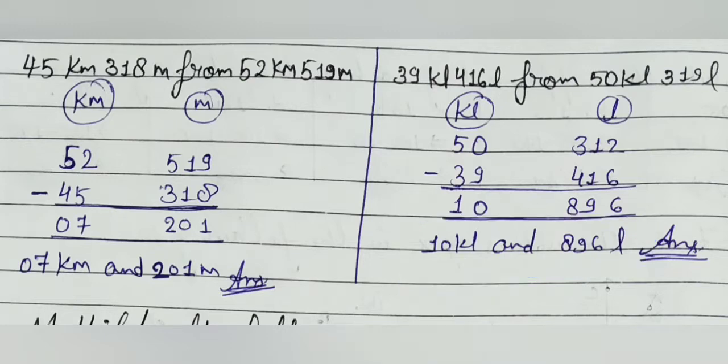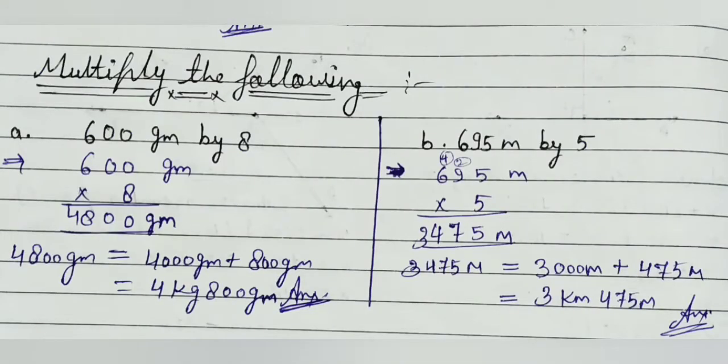Now let's see how to multiply. So here I chose a few questions, like we have to multiply 600 gram by 8. It is quite easy. First write 600 gram in this way.